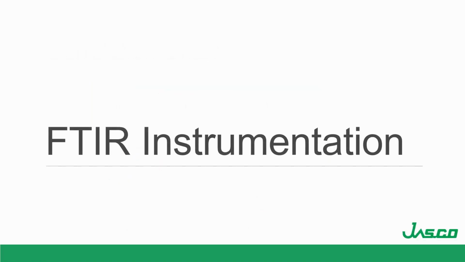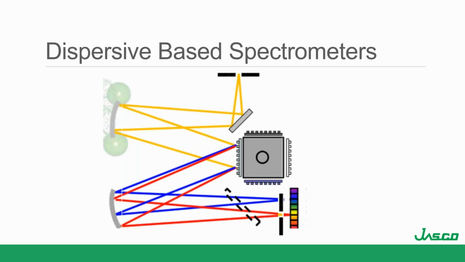So now we can talk about instrumentation. The original spectrometers for infrared radiation were all grating based. They were dispersive. What happens with a dispersive instrument is that you have a slit that the light passes through and is focused on a grating, which is then focused through another slit to the detector.